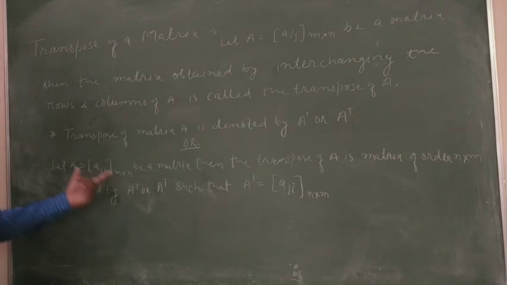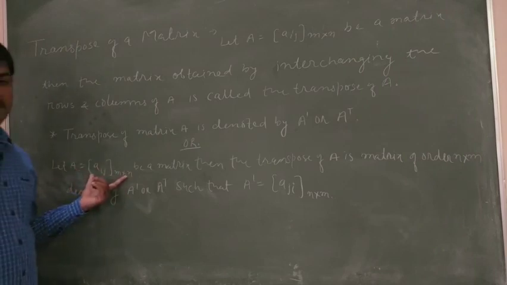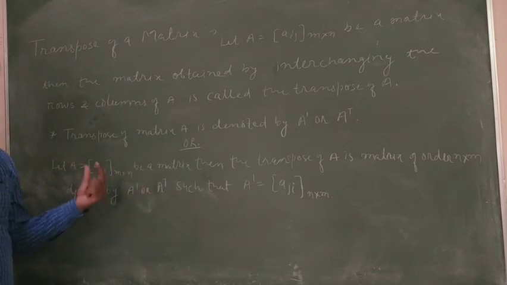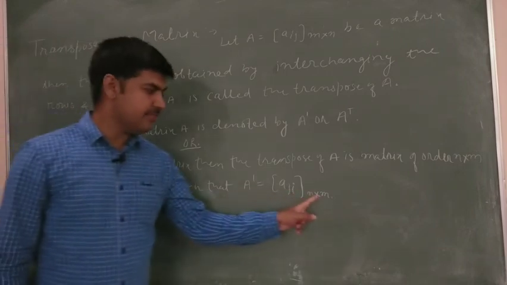Dear students, if A is a matrix of order m by n, then the transpose of A will be a matrix of order n by m.